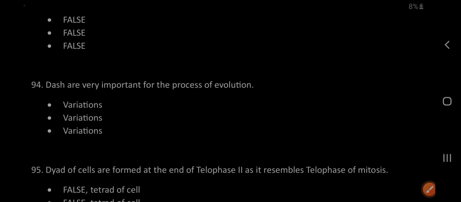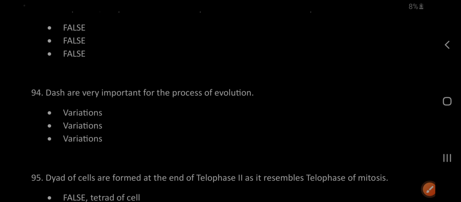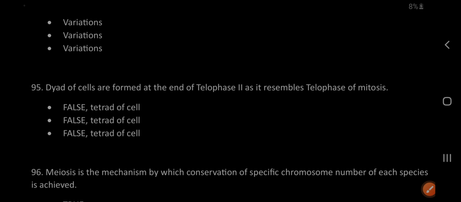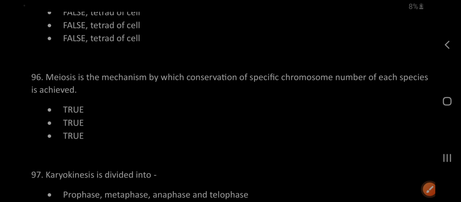Variations are very important for the process of evolution. Diad of cells are formed at the end of telophase 2 as it resembles telophase of mitosis. False, tetrad of cells. Meiosis is the mechanism by which conservation of specific chromosome number of each species is achieved. True.